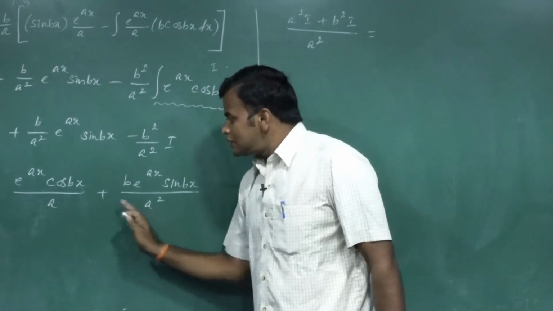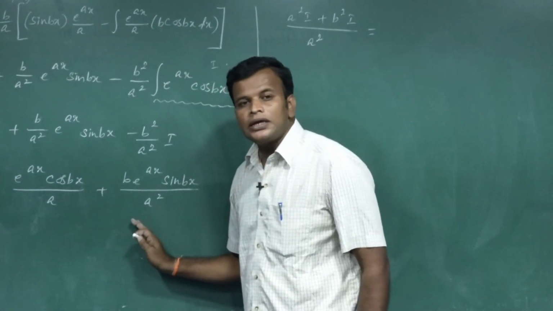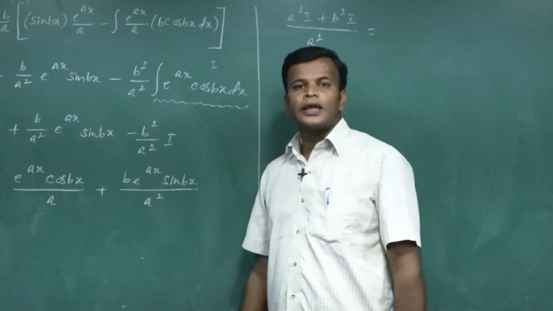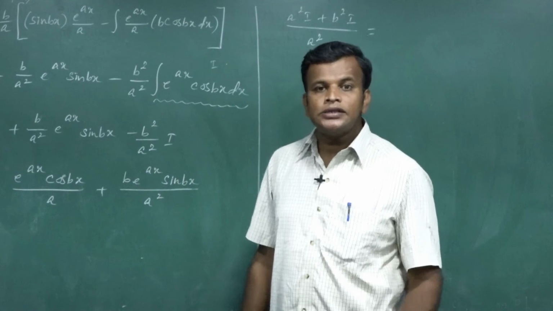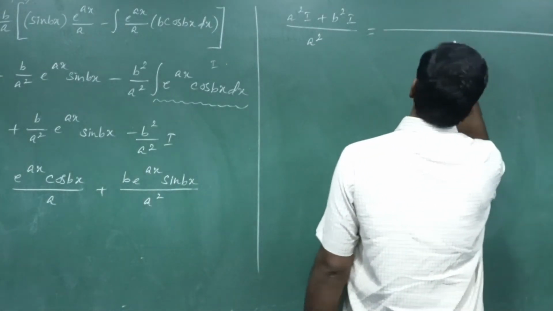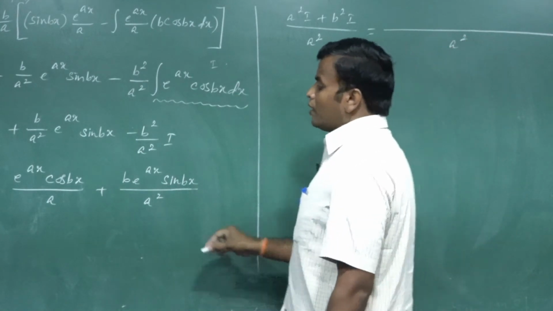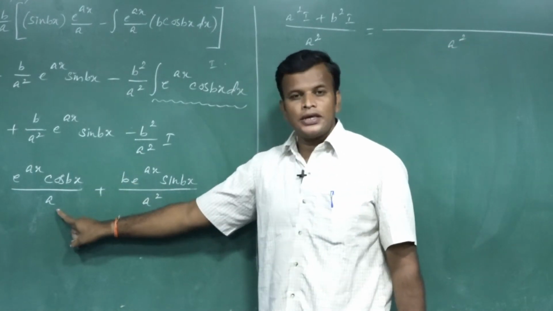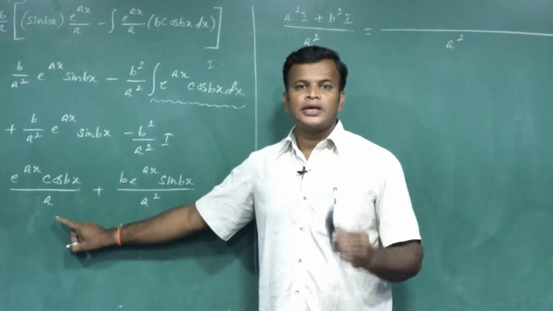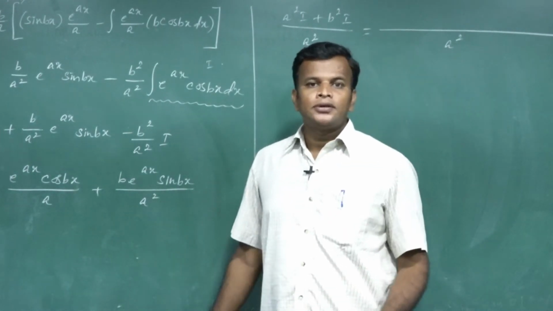In RHS, in these two steps, I will take the LCM. What is the LCM of a and a square? The LCM of a and a square is a square, so whole divided by a square. But the first term denominator is a, and our LCM is a square. In which term do we multiply a to get a square? The term is a.